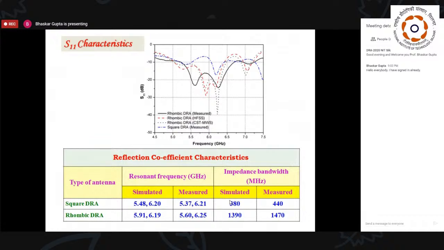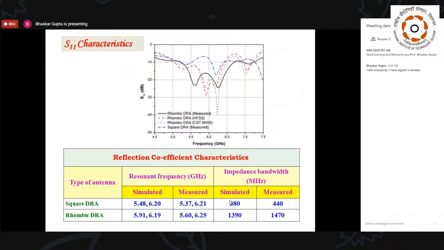Whatever be the case, in between these two frequencies, we get the bandwidth as shown, while the bandwidth over which it can be operated, that is over which we would get VSWR less than 2 to 1, or in terms of S11 reflection loss less than 10 dB.